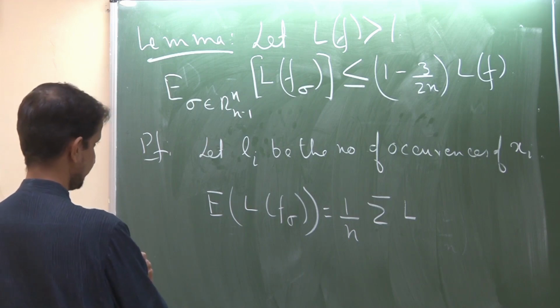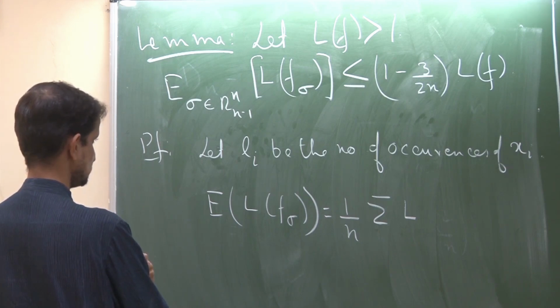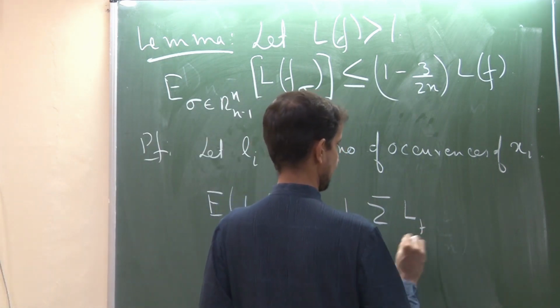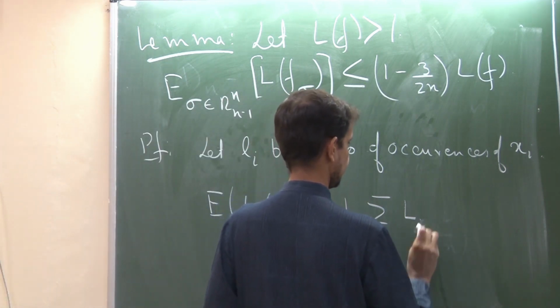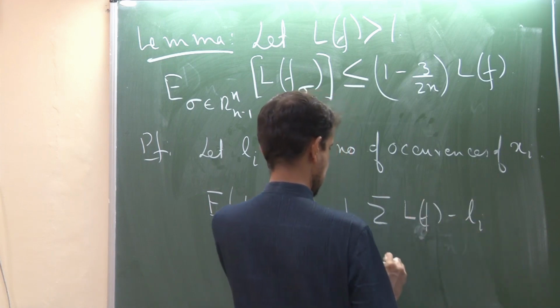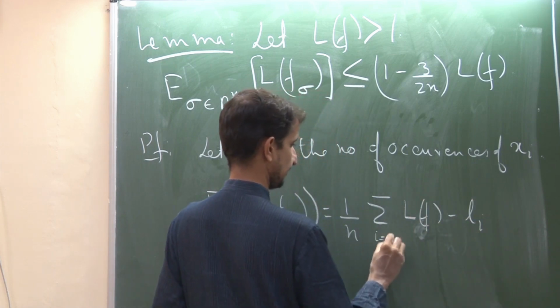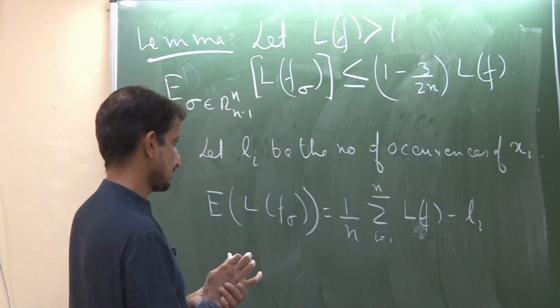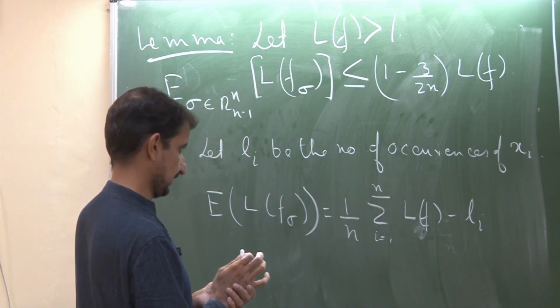So, it is LF minus LI, sigma LF minus LI. So, it will be sigma L of F minus Li, i going from 1 up to n.